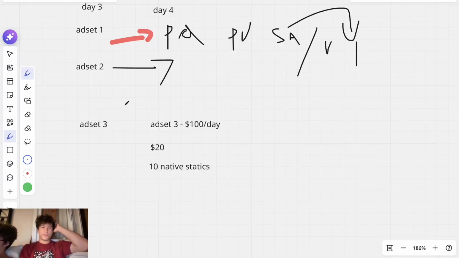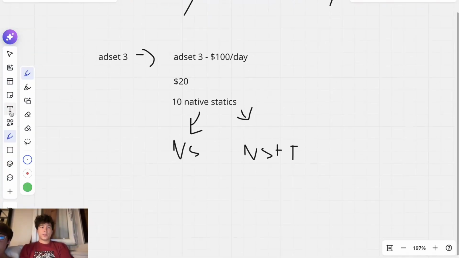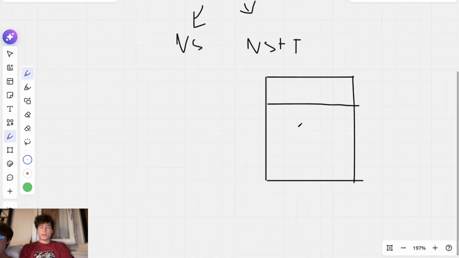And on day 3, I switched this one to pretty much all native statics. It was 5 native statics, and then 5 were native statics with text. So I would do a headline. Basically how I had it structured, say this is the ad. If we go back to the gut issue example, it's a dude, let's say it's a toilet, and there's kidney stones in the toilet.